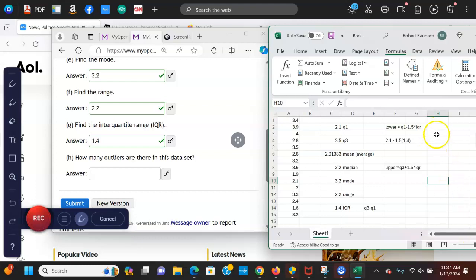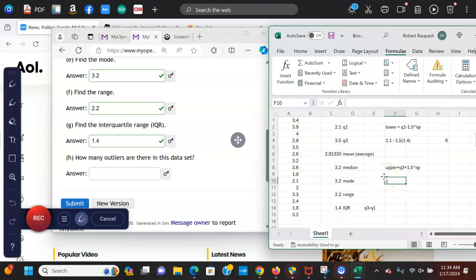So the answer here is 0. Anything below 0, I know it's not possible, but anything below 0 would be considered an outlier. So we know there's no lower outliers. Okay, now let's see if we have any upper fence numbers. We don't have anything below 0, obviously. So now let's see if we have anything above the upper fence in this data.